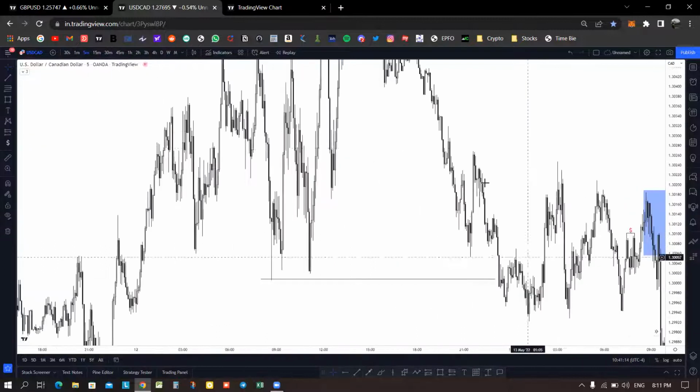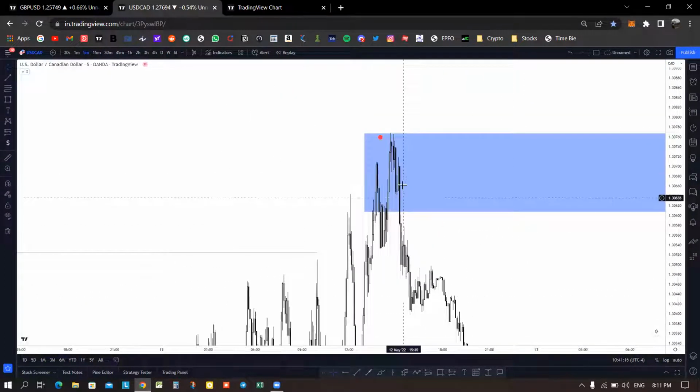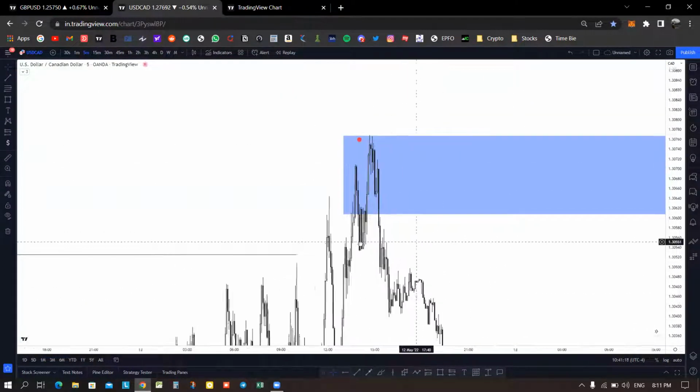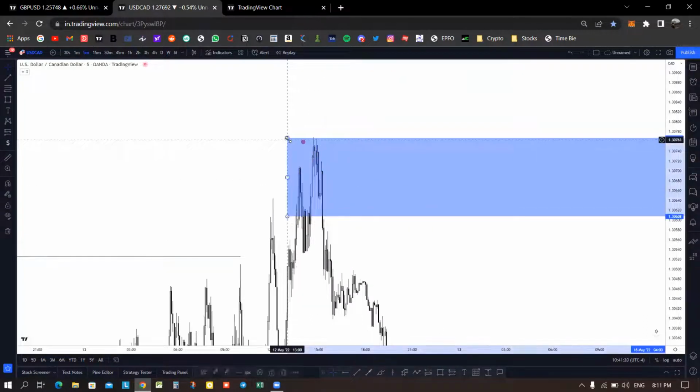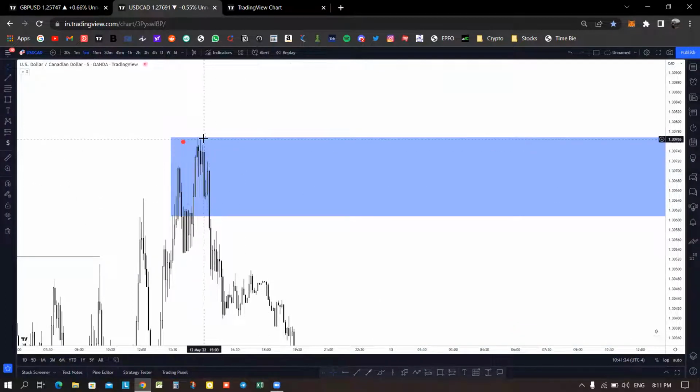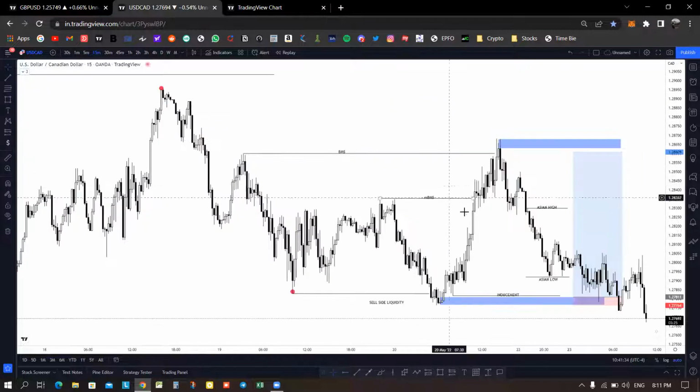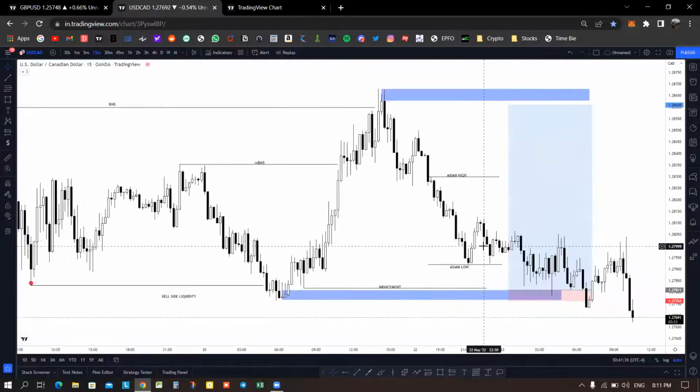And this is the last high. I have chosen the whole candle as my point of interest on the 10-minute time frame, as there might be some sort of candle like this here. So that's why I've chosen these two zones as higher time frame points of interest.